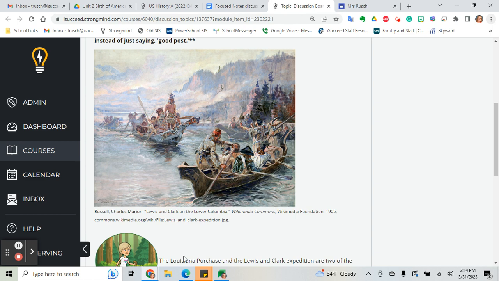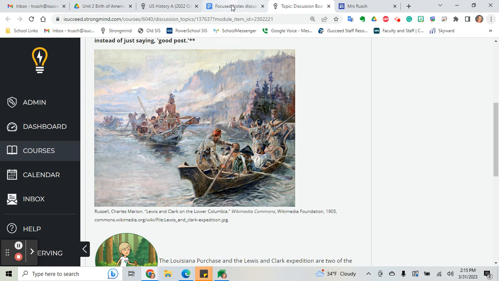But I just always wanted to spend way more time on the Lewis and Clark expedition because it's so cool. These people were basically going into the unknown. They were basically traveling to the moon, or traveling to Mars. We knew nothing about the places where they were going, and they went, and it was amazing.